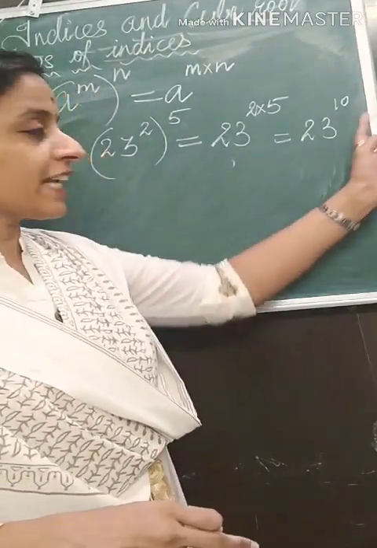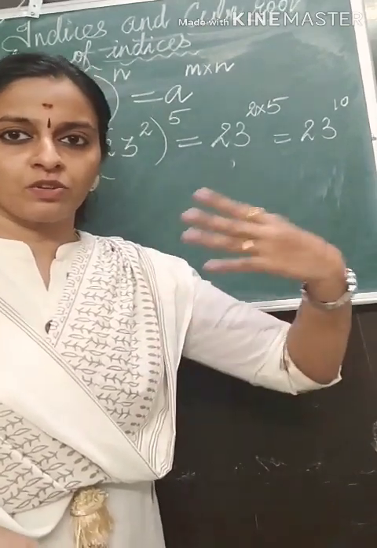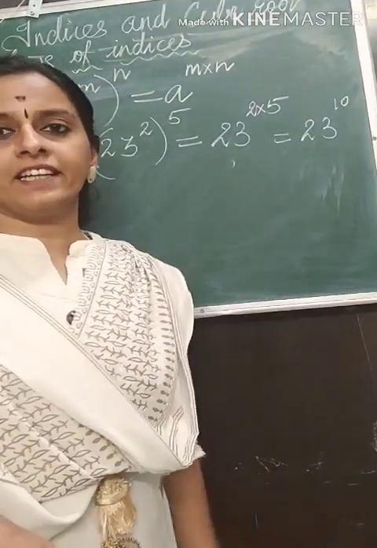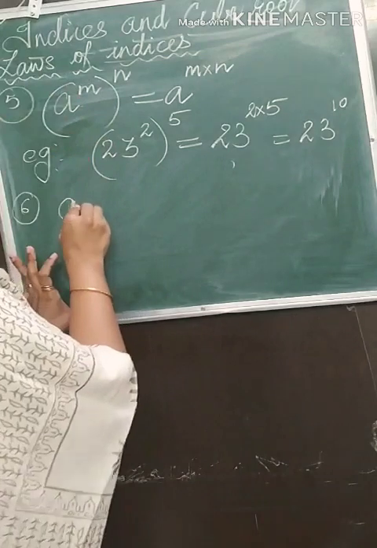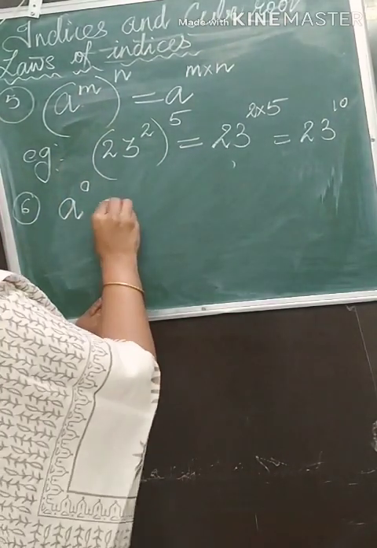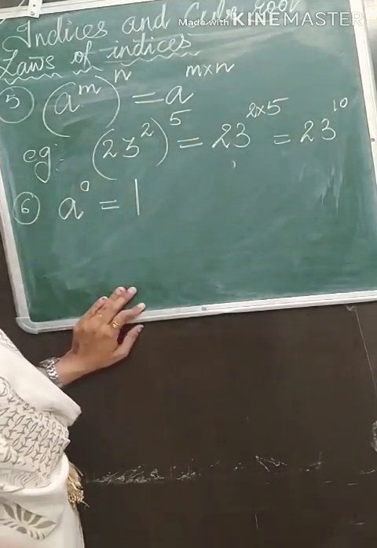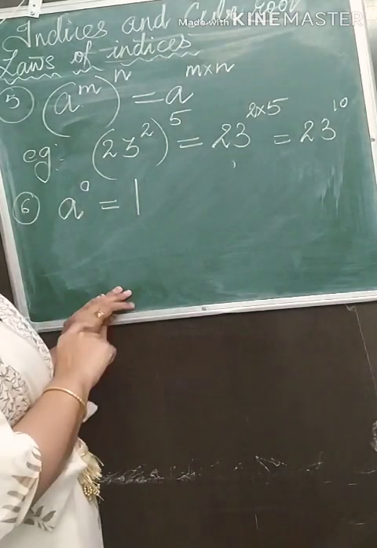Okay, this is not 10 into 23. 23 multiplied 10 times, 23 into 23 into 23 like that 10 times. Understood? Any number raised to 0, anything raised to 0, the answer will always be 1. Okay? A raised to 0 equal to 1.